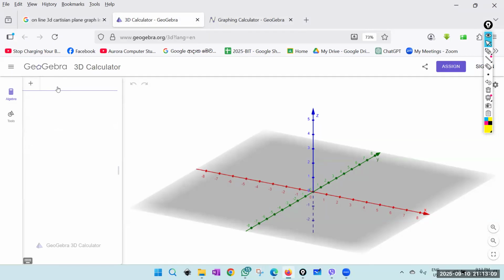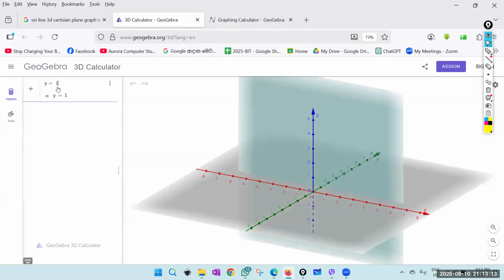For example, if I write y equal 1, this is x, and this is y. So y is always 1 because this is y equal 1.